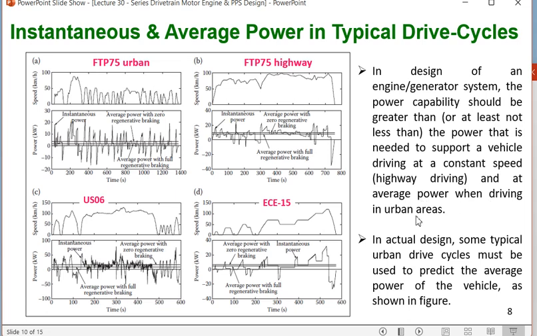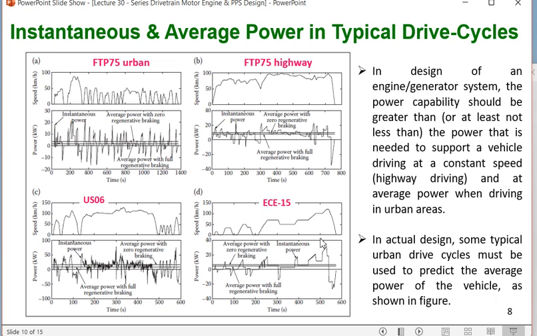That means together the primary and secondary source should be able to at least overcome all the losses and get the car going in the forward direction, even in the city or any other kind of drive cycle. So in actual design, some typical urban drive cycles must be used to predict the average power of the vehicle as shown in the figure.